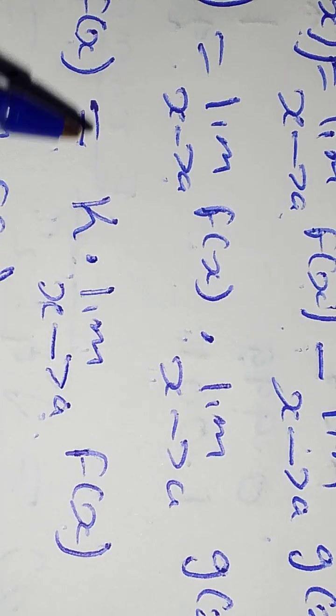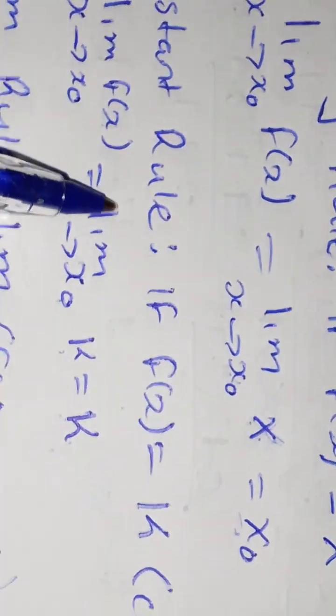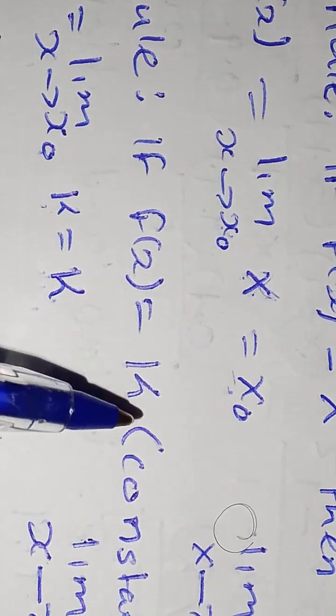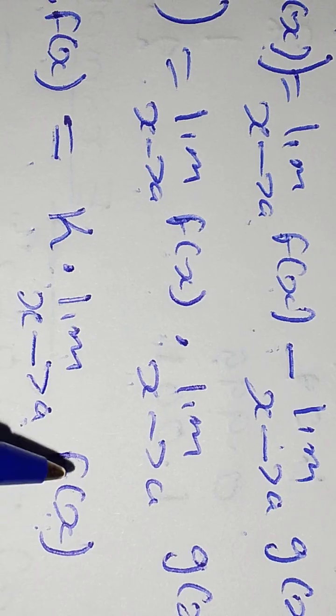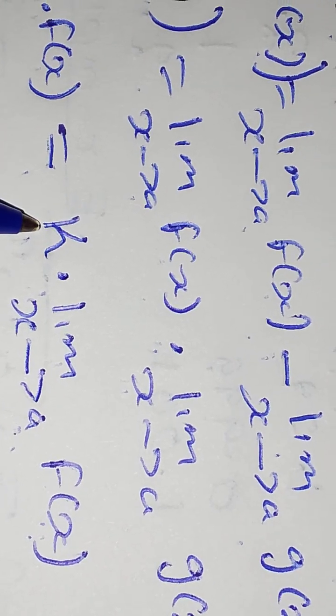If we look back on top here, for a constant, the limit of a constant is a constant. So if we go back here, the limit of k as x approaches a is the constant itself. Then you multiply it by the limit of f of x. So you have to find the limit of f of x, then you multiply it by the constant here.